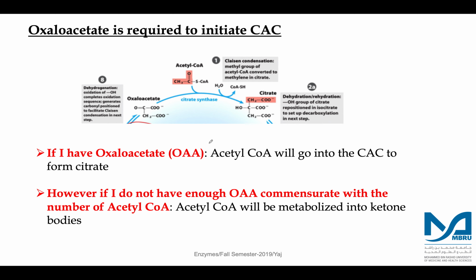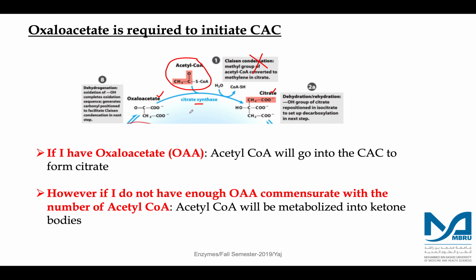So now let us look at the first step in a bit of detail. I have produced acetyl coenzyme A from pyruvate by the catalytic activity of pyruvate dehydrogenase complex. Now you already know that acetyl coenzyme A combines with oxaloacetate, leading to the production of citrate by the catalytic activity of citrate synthase. Please ignore these detailed chemical reactions.